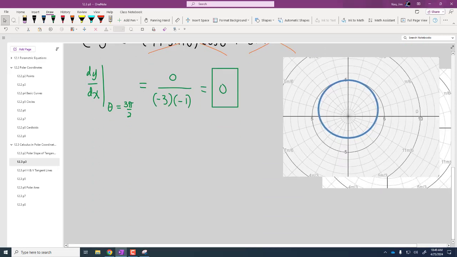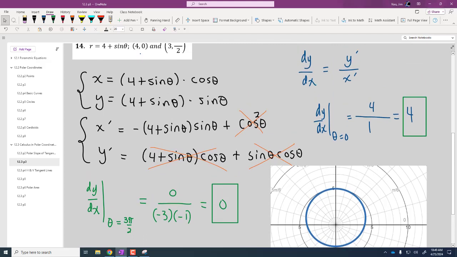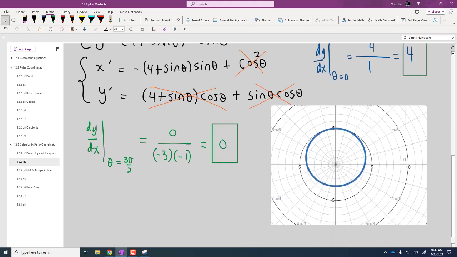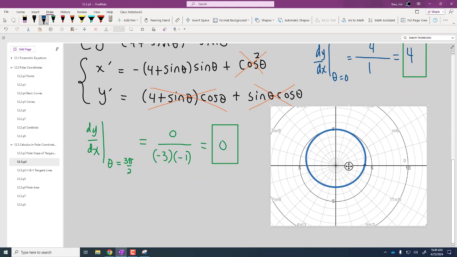Does it make sense? All right, so the first one was when theta was 0 and r is 4. So when theta is 0 and r is 4, I did that one in blue. So theta is 0, r is 4, so that's where we are for point 1. And if we draw the tangent line, there's our tangent line, slope is 4.